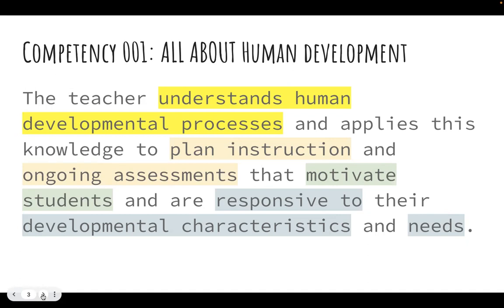So you're to know those things and be able to plan instruction and assessments that also motivate them. Motivation is just another word for finding ways to engage them, knowing what they like, what interests them, what is possible for them or feasible, very important. And be responsive to developmental characteristics and needs.